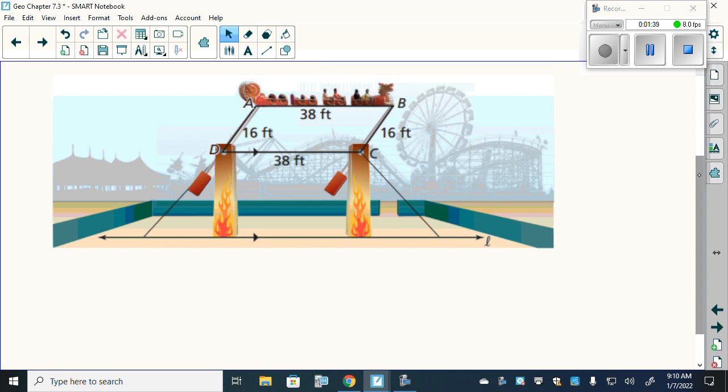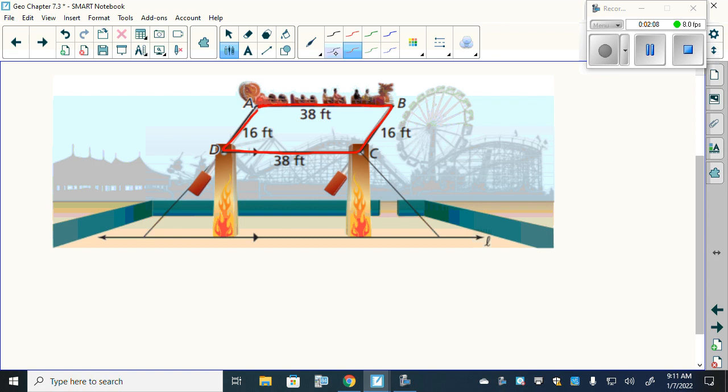Well, if we could say that figure ABCD, this here, let's get a pen out, is a parallelogram, well, we could say what? That AB and DC are going to be congruent and parallel, because if it is a parallelogram, it contains 2 sets of parallel sides.